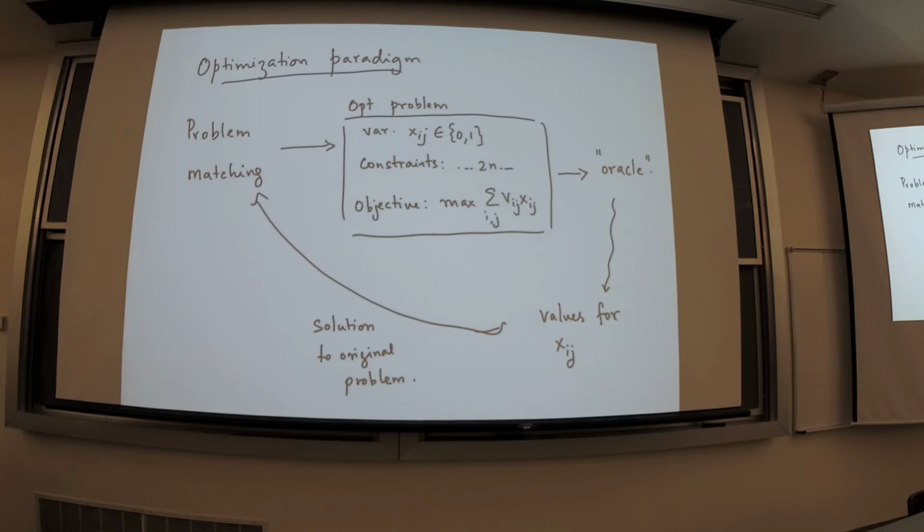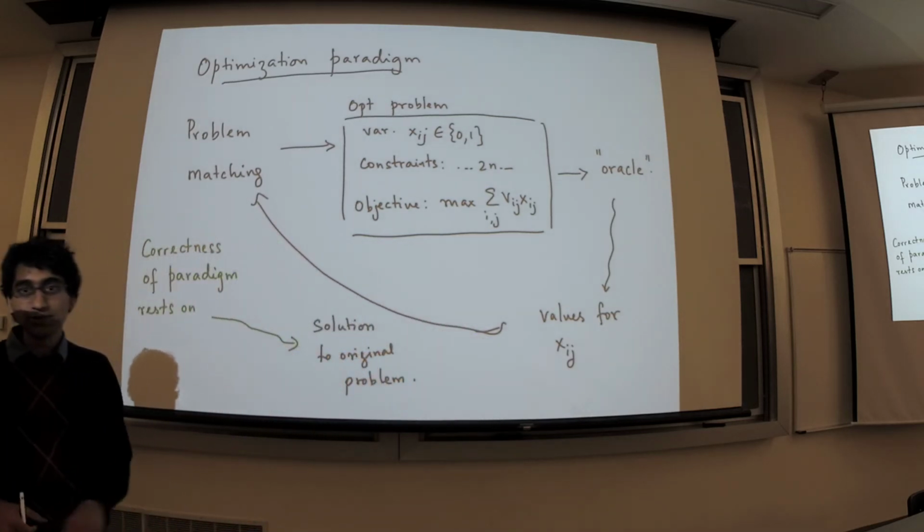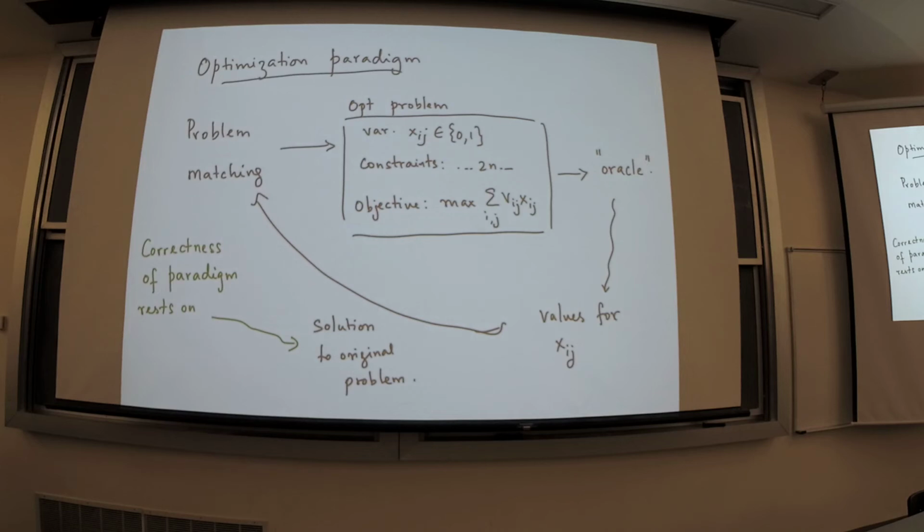Okay, and let me also write out what he's saying, which is that formally showing that this is correct usually rests on this step: converting a solution that the oracle gives you into a solution for the actual problem, and showing that this can always be done.